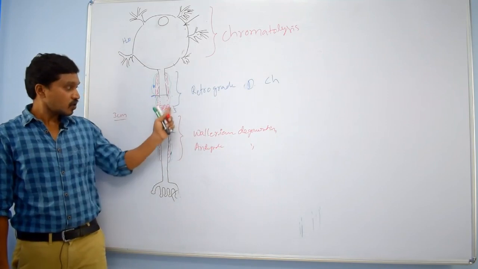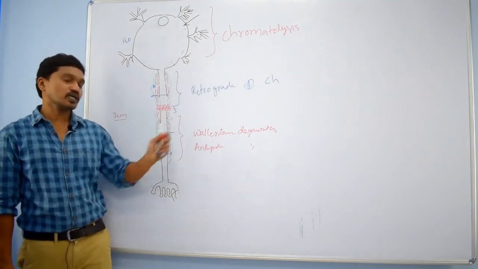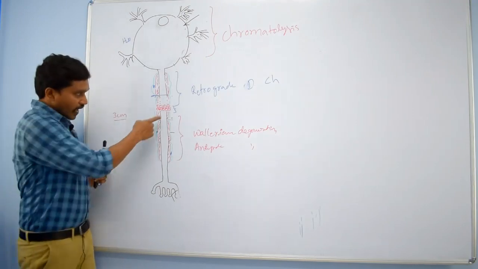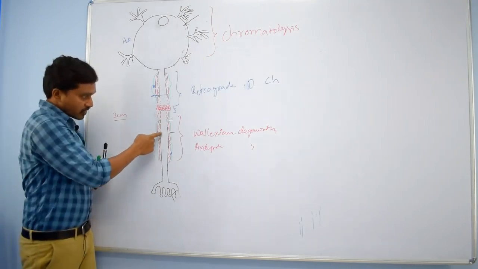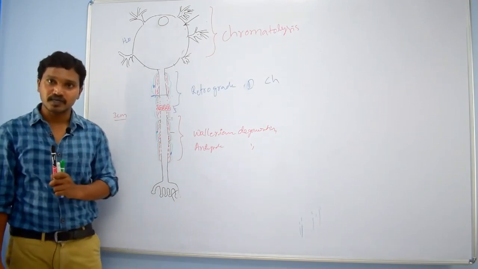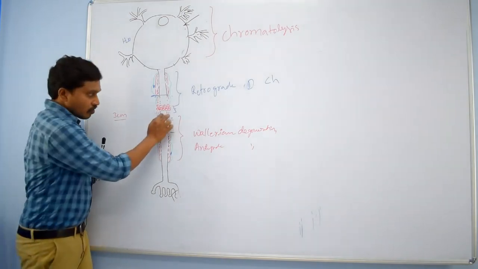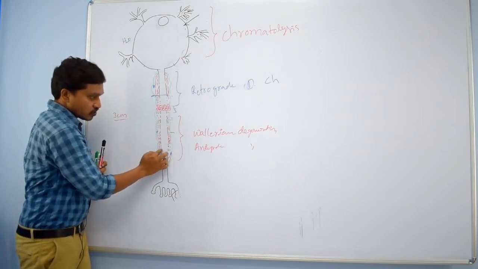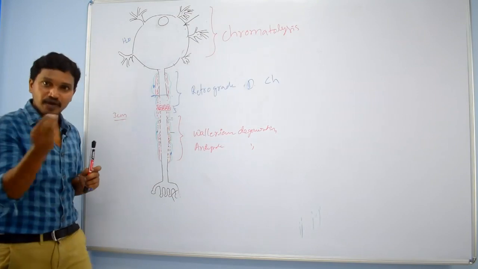Right? So now we will see the changes: fragmentation of axon cylinder, and fragmentation of myelin sheath into small fatty droplets.